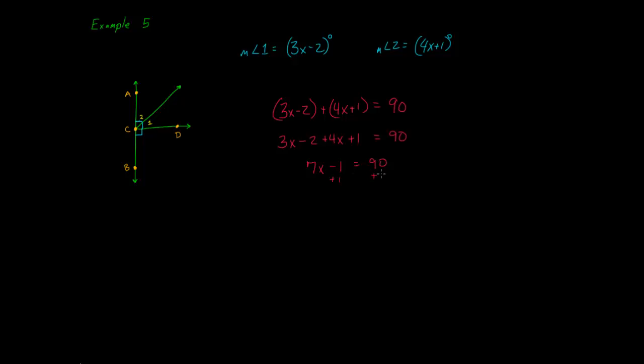Add 1. 7x equals 91. Divide both sides by our 7. X equals 13.